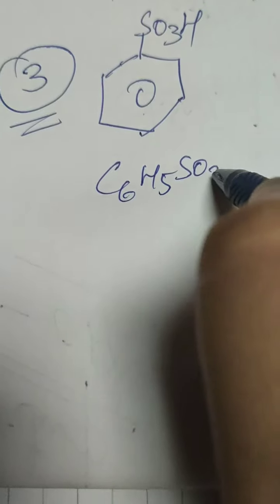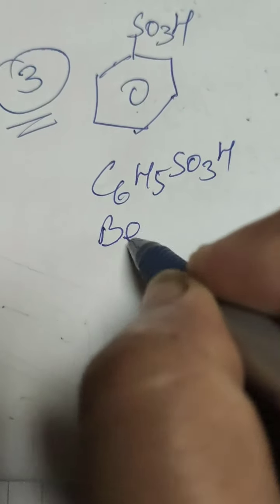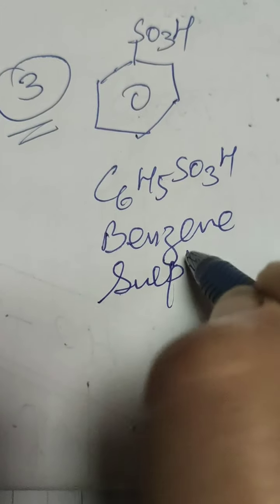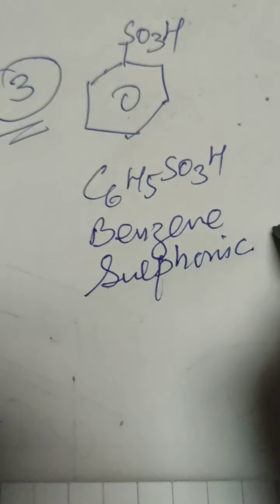Now the third preparation is from benzene sulfonic acid. The formula for benzene sulfonic acid is C6H5SO3H. This is benzene sulfonic acid.